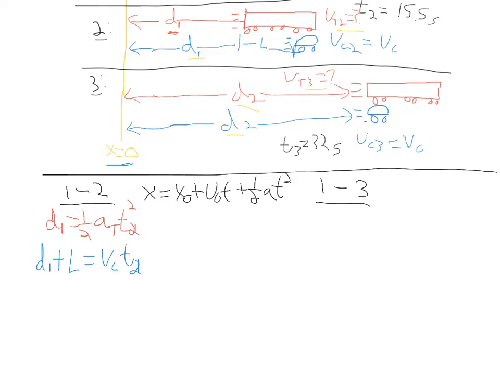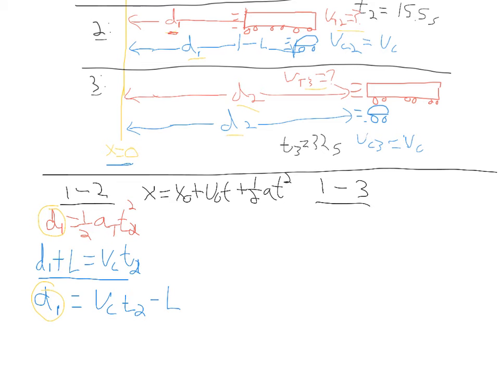Alright, so if we look at our equations here, for the car, we can solve it for d1. So d1, subtracting L from both sides, is going to be equal to the velocity of the car times t2 minus the distance L. And if we notice now, we have d1 here and d1 here, and since d1 equals d1, we can go ahead and set those two parts equal to one another.